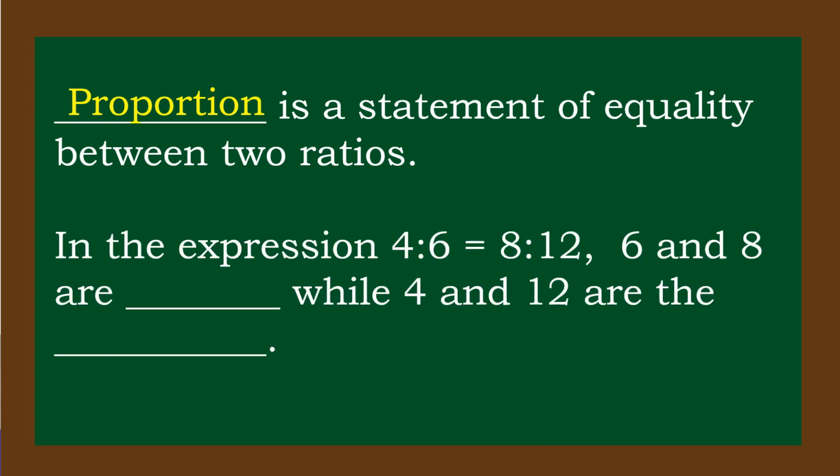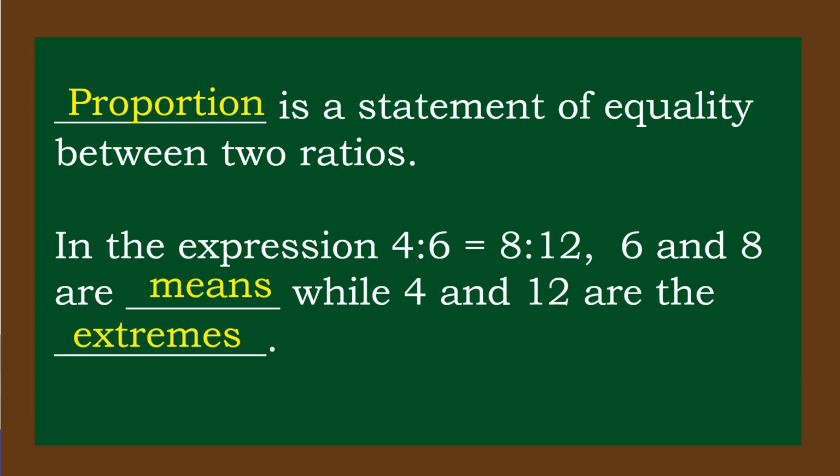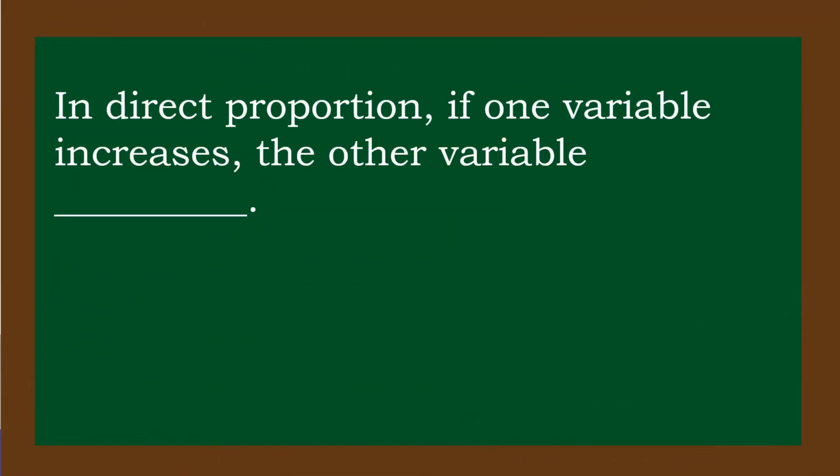In the expression 4 is to 6 is equal to 8 is to 12, 6 and 8 are blank, while 4 and 12 are the blank. In direct proportion, if one variable increases, the other variable blank.